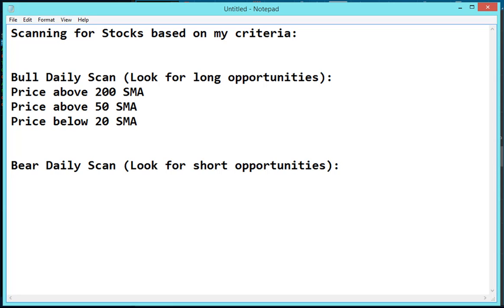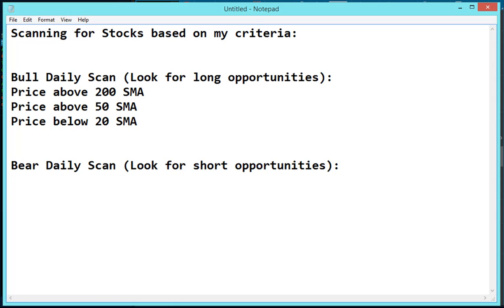Price pulls back to 20 to make that higher low. Once it makes that higher low, you're going to be looking for support, and where your support is, somewhat of a candlestick reversal, the volume, etc. So once you have all that planned out, you can either decide to take the trade, or you can wait for some kind of catalyst, some kind of news or earnings, to see if it's going in the upward direction, the long direction. So above 200, above 50, but you want to wait for the price to pull back to 20.